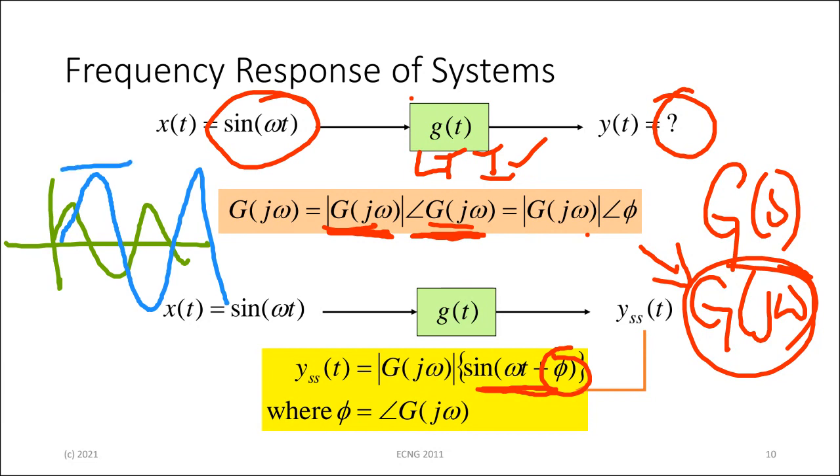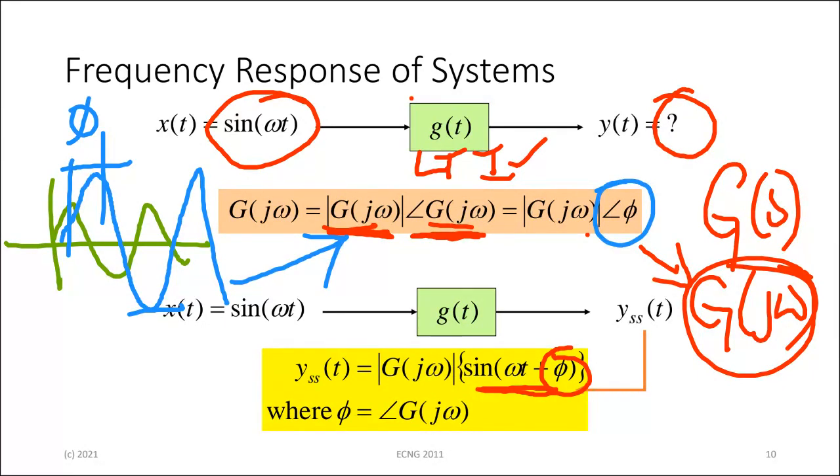The magnitude of the sinusoid coming out would change depending on the magnitude of G of j omega, and the phase, in other words this little difference from where it was to where it is coming out, will only depend on the phase of G of j omega as well.